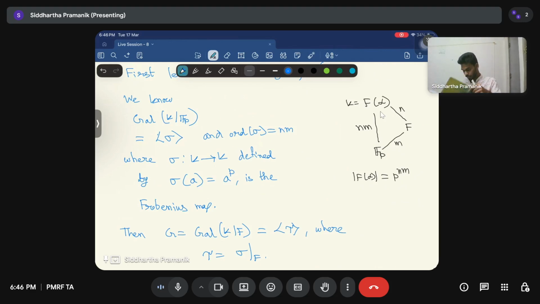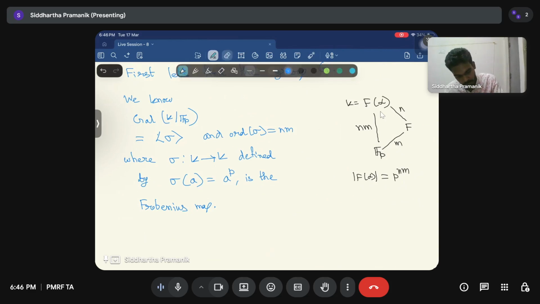Okay, I think we are doing a little bit wrong. Yeah, so this is not a subgroup. So we are doing it wrong.